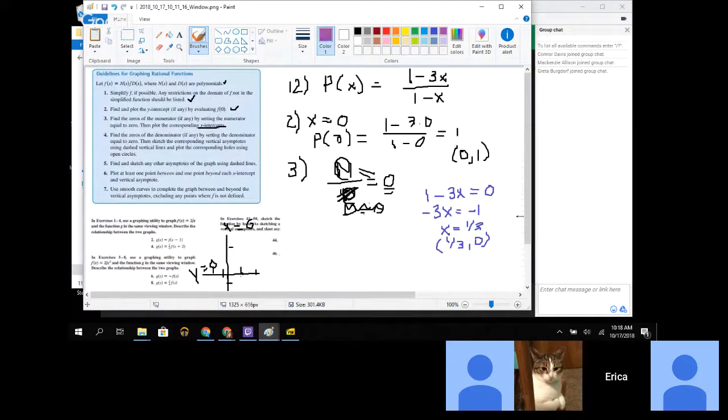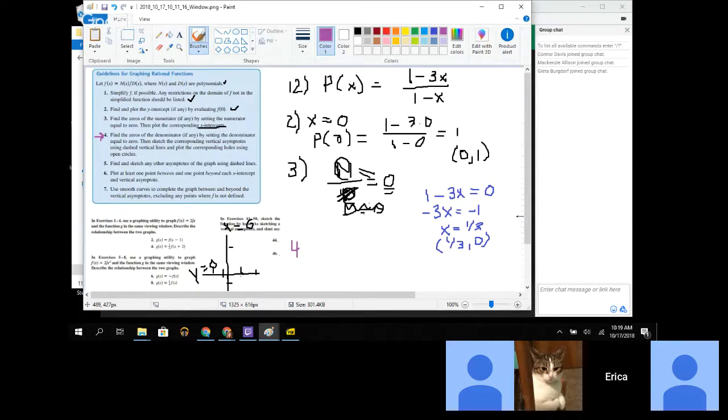All right, step 4. Let's get some color going here. Number 4, we have to find the zeros of the denominator, if any, by setting the denominator equal to 0. Then sketch the corresponding vertical asymptotes using dashed lines. Okay, so this is throwback to section 2.6, right? Step 4 is to find the vertical asymptotes, right?